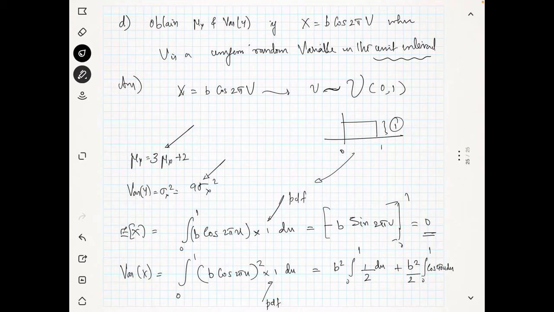Because you have to use the formula for cosine square, the relation between cosine 2x and cosine square x. So it will be equal to b square into 1 by 2 plus b square by 8 pi into sine 4 pi u, from 0 to 1. So this you will get as b square by 2.